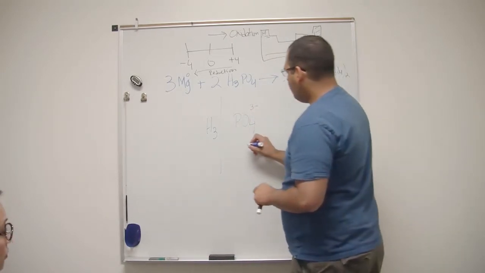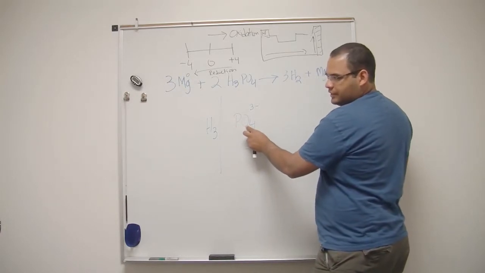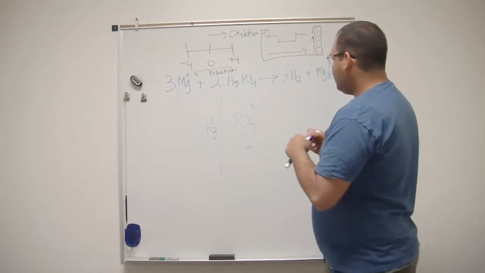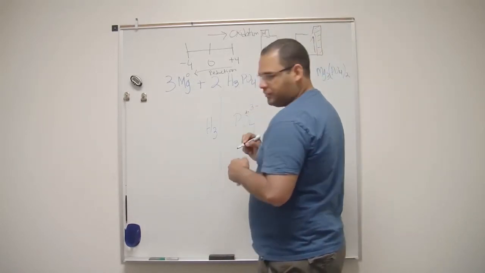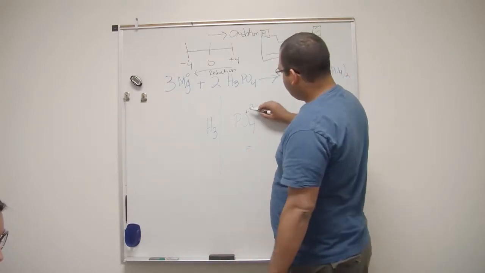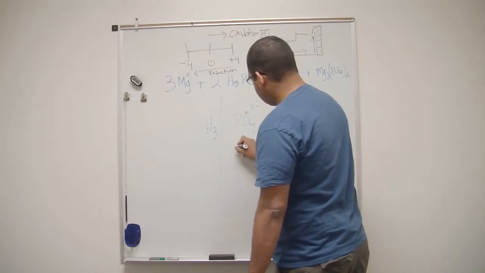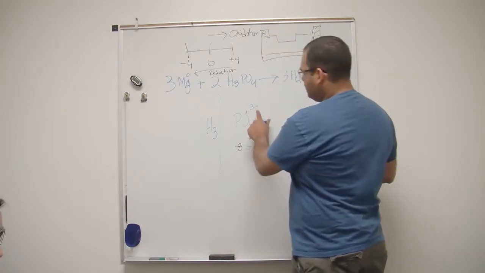What atom is the most electronegative between phosphorus and oxygen? Oxygen. Because oxygen is the most electronegative, it receives a 2-, because it's always a 2- here. Now I do 2 minus times 4, -8.